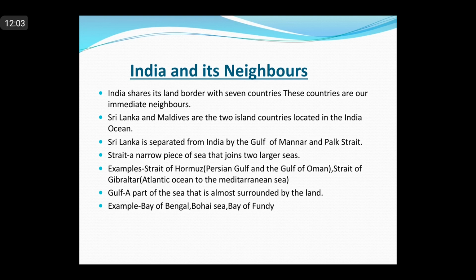India shares its land borders with 7 countries: Pakistan, Afghanistan, China, Nepal, Bangladesh, Myanmar and Bhutan. So obviously these are our immediate neighbors.